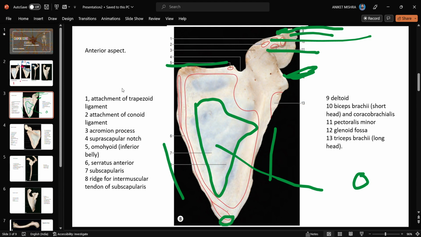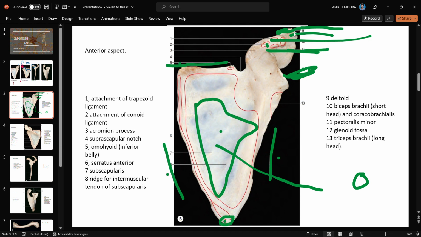Okay, so if I am going to repeat it again, then there is the inferior angle, lateral border, medial border, subscapular fossa, superior border, glenoid cavity or glenoid fossa, coracoid process, supraglenoid tubercle, that is one.